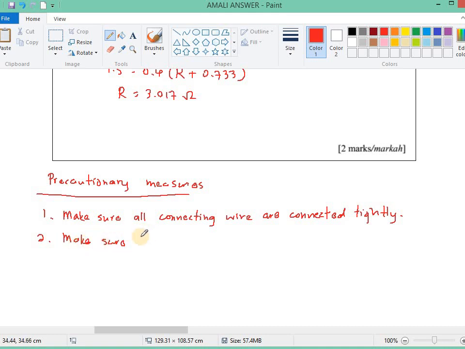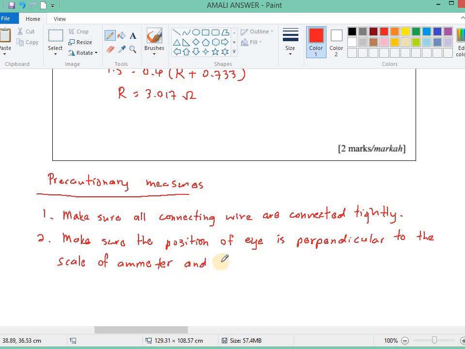Second, you can say make sure the position of the eye is perpendicular to the scale of the ammeter and voltmeter to reduce parallax error.